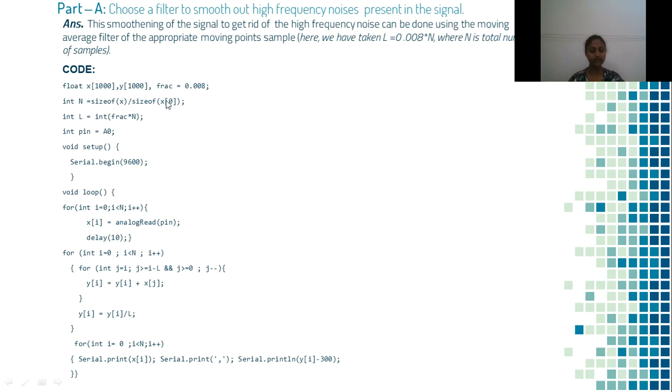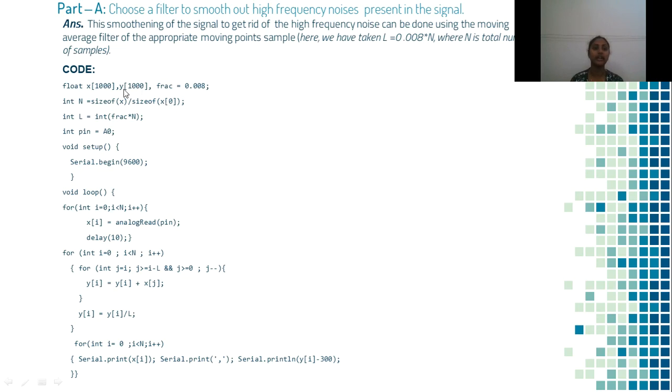In the previous experiment, we considered the signal x of n samples already given in the Arduino program, but now we have to collect the samples from the PPG sensor.